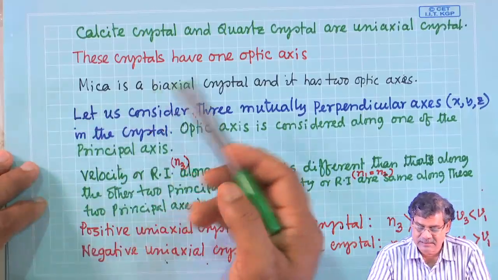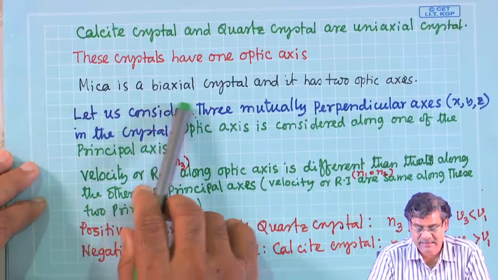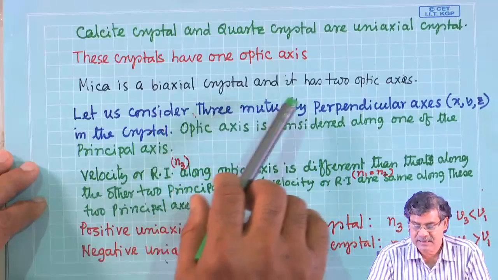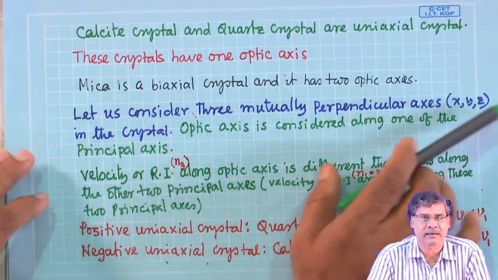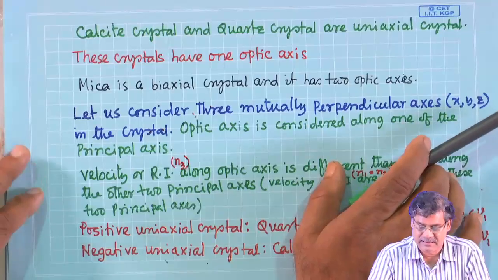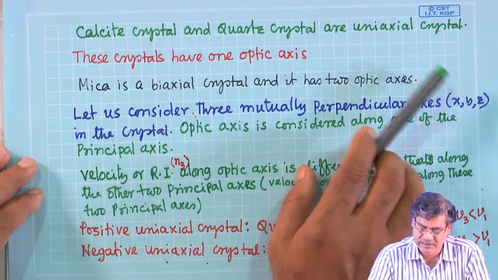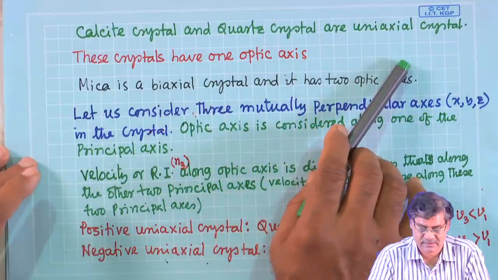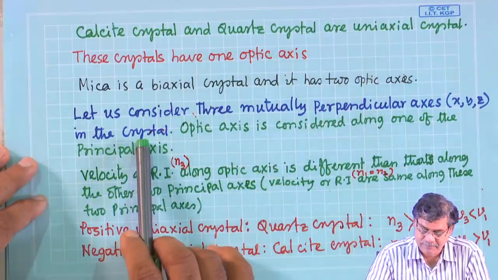But there are other crystals like mica. Mica is a biaxial crystal, meaning it has two optic axes. We will not discuss biaxial crystals. We will limit ourselves to uniaxial crystals, quartz and calcite.